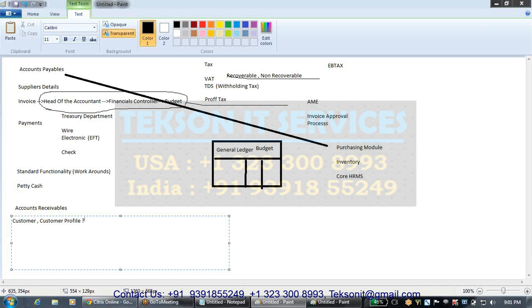I will explain what you mean by the customer profile. You know the Vodafone company has implemented Oracle Financials. Vodafone has different customers. They may have a prepaid customer, a postpaid customer, and a few customers who are prepaid as well as postpaid.